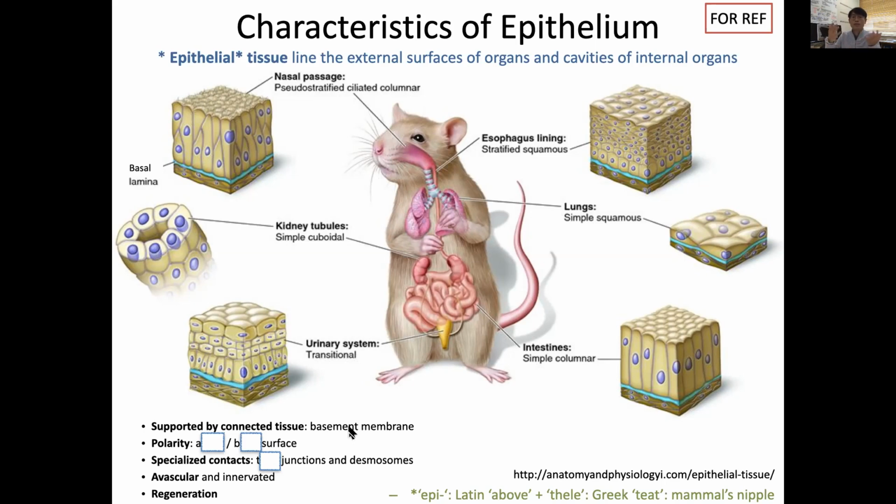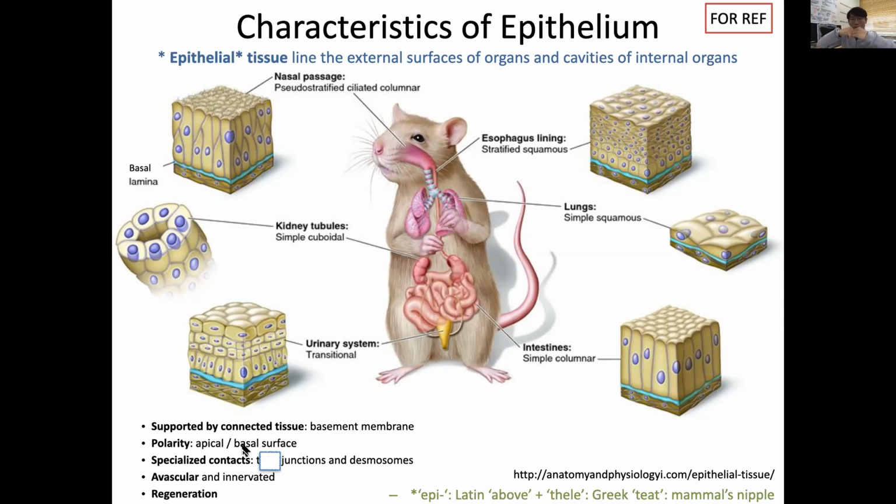This we call polarity. In polarity, the bottom side we call basal, and the upper or luminal side is called apical. You can see the basal lamina and basal surface. Each of these epithelial tissues is lining, protecting, and distinguishing the inside and outside of the body or organ.